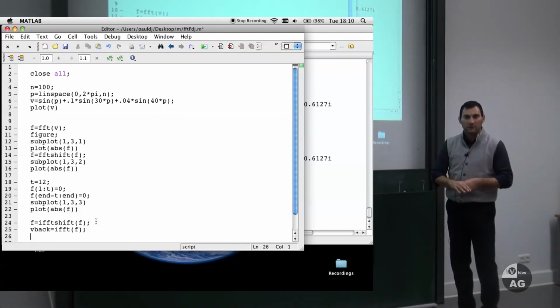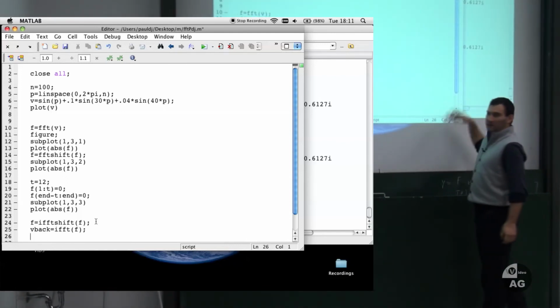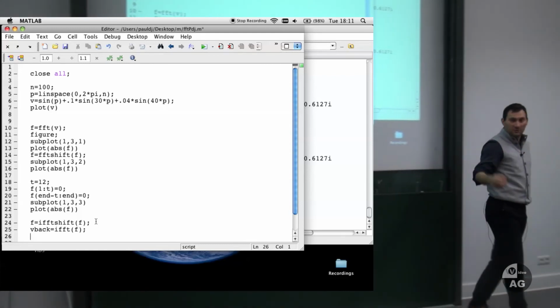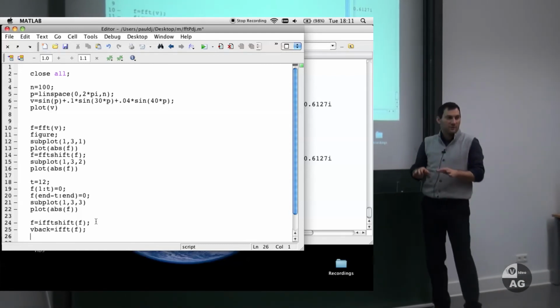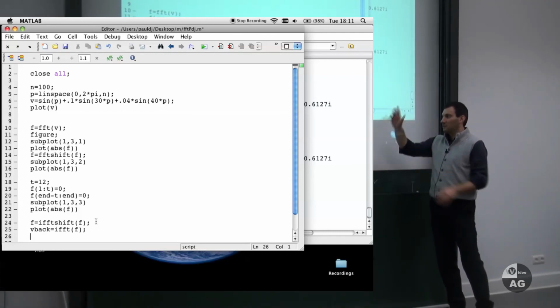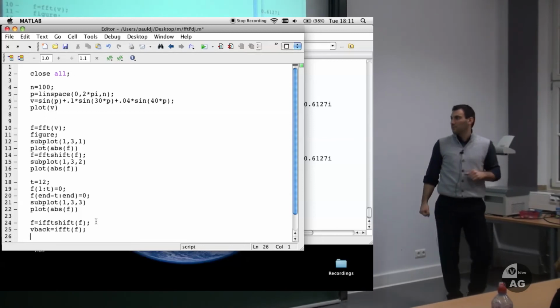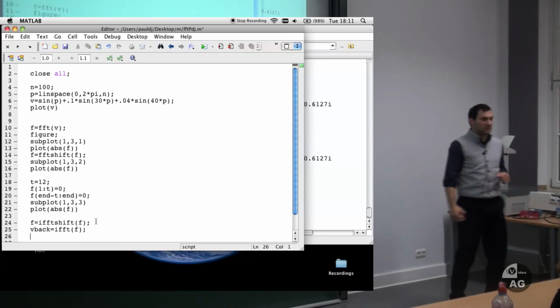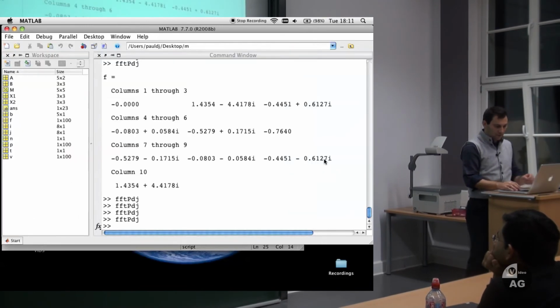Yeah? We will get complex numbers again. Precisely. We started with a real value function. We did some operations, some massaging in the complex world, and now we go back to the input domain. No chance we will get real numbers. So let me show you what Vback looks like.